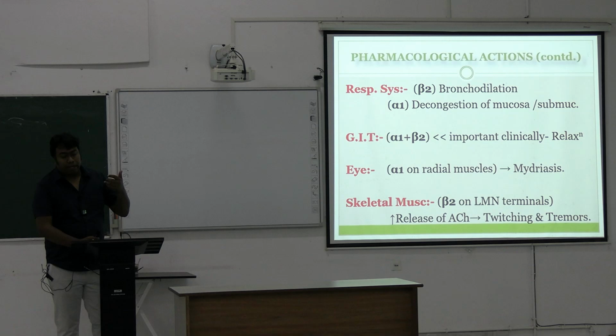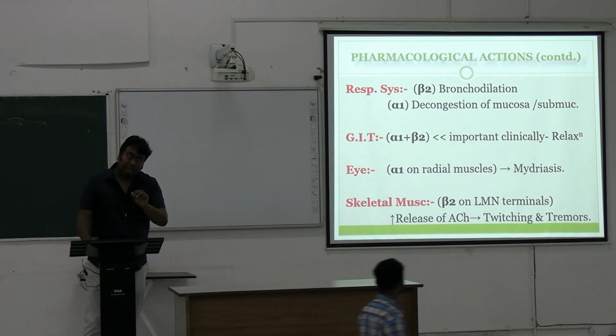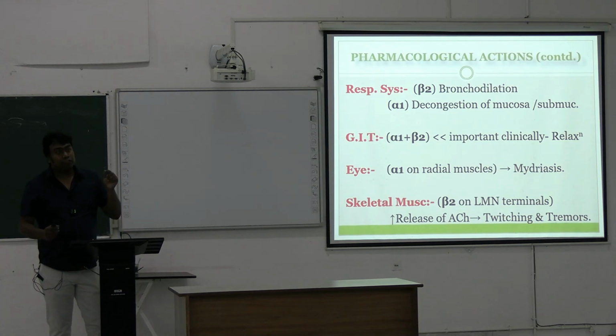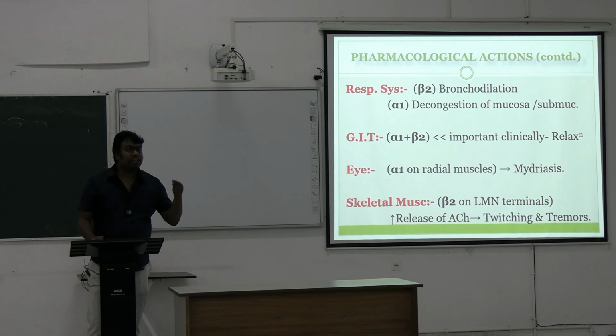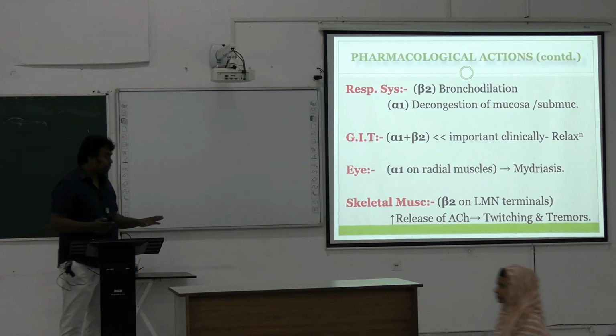Mucosal edema can be counteracted by stimulation of the alpha 1 receptor. That can be done by both adrenaline as well as noradrenaline. But the smooth muscle relaxation caused by beta 2 receptor stimulation cannot occur with noradrenaline, but only with adrenaline. So we prefer adrenaline in case of anaphylactic shock.